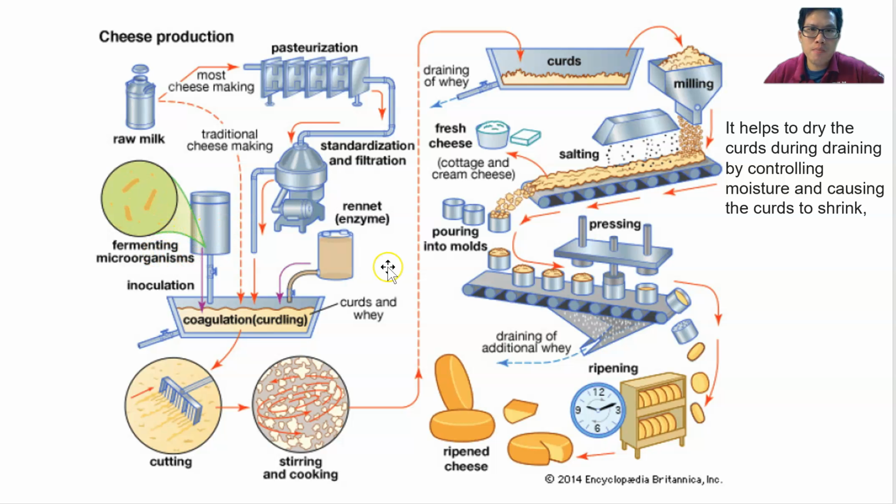It really depends on what type of cheese you are making, which dictates what kind of fermenting microorganisms or additional enzymes you want to put in there. Once the milk is curdled, they will cut it, and the cutting is to release or drain off the whey. You can see the whey.